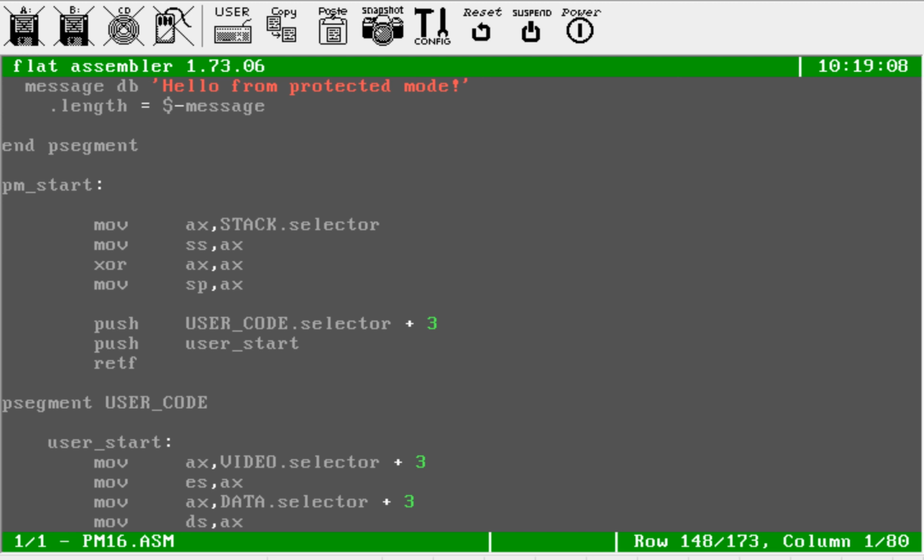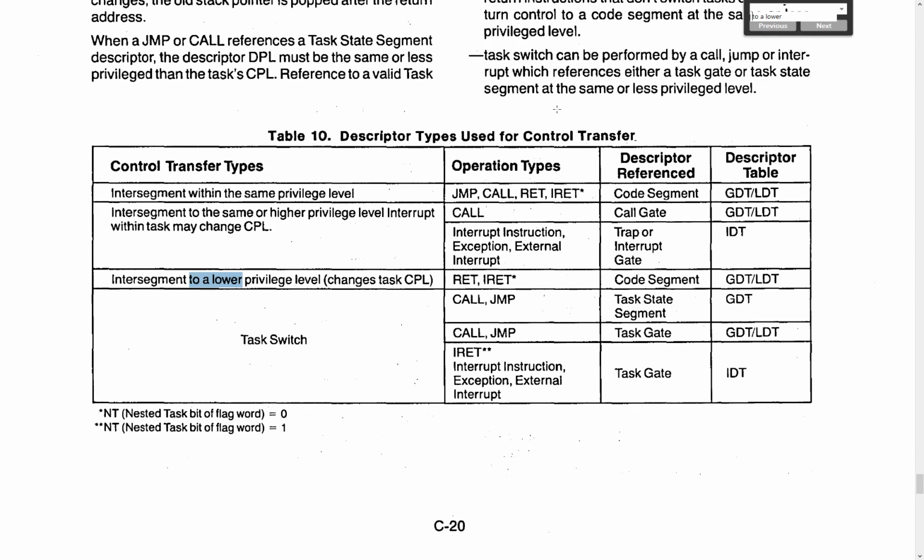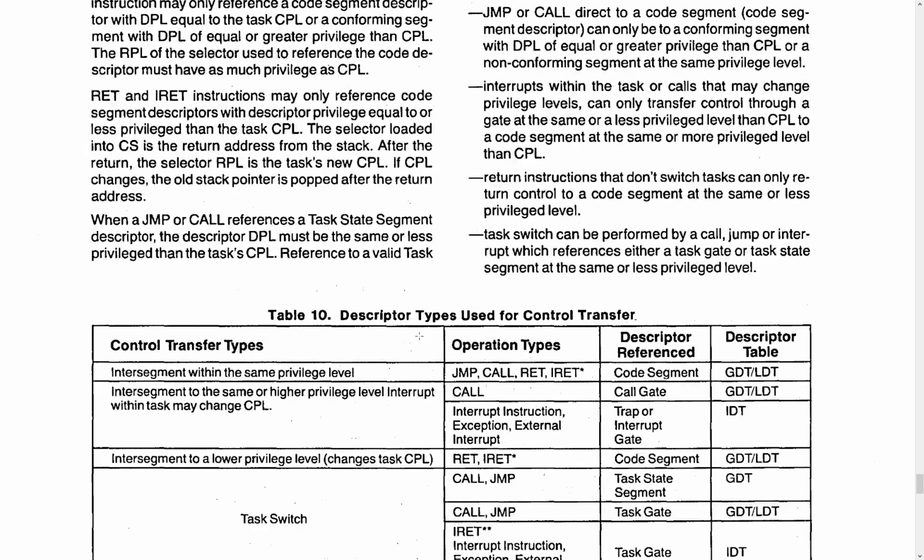So now let's go back to documentation, and I'm going to find a bit that explains what happened. Where we were earlier. This is about return instruction, and it says that if CPL changes, the old stack pointer is popped after the return address.